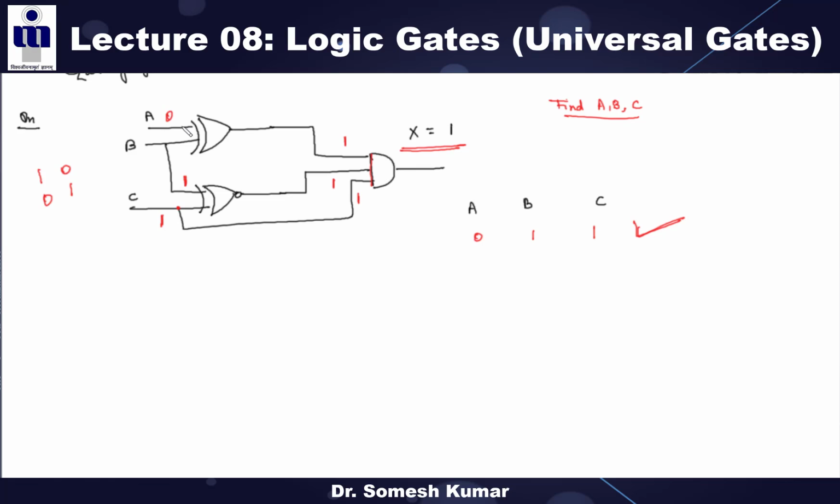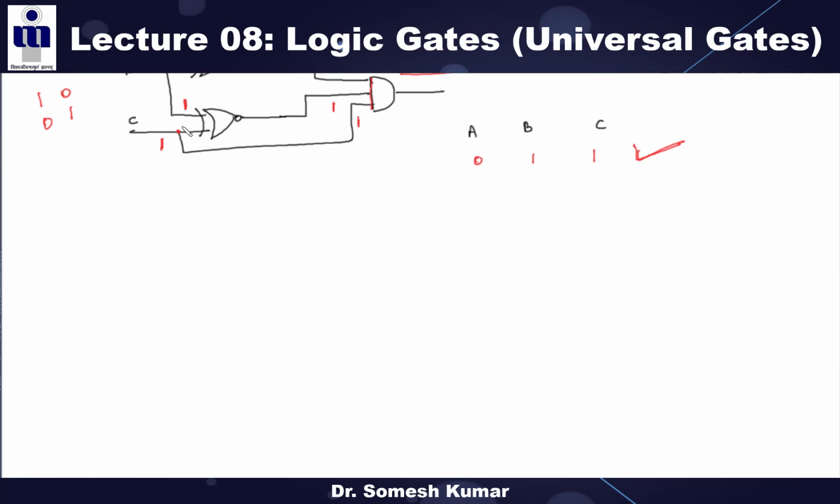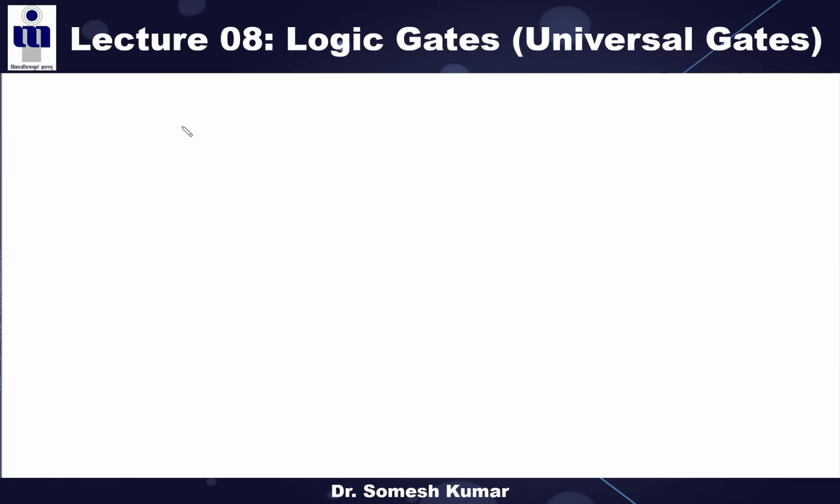So now we will discuss how NAND acts as your universal gate, right? First of all, I am telling you the alternative symbols for all these logic gates. This is the NOT gate symbol, right? So the alternative symbol of the NOT gate, sometimes in some books it is defined like this. Okay, this is the alternative symbol of your NOT gate. And the NAND gate, I already told you about the NAND gate.